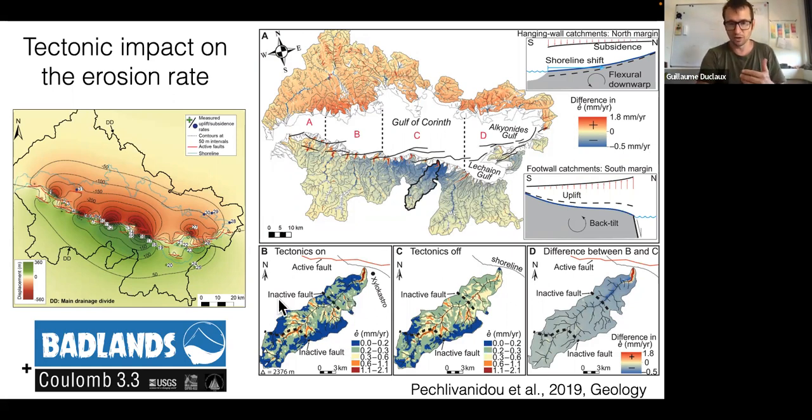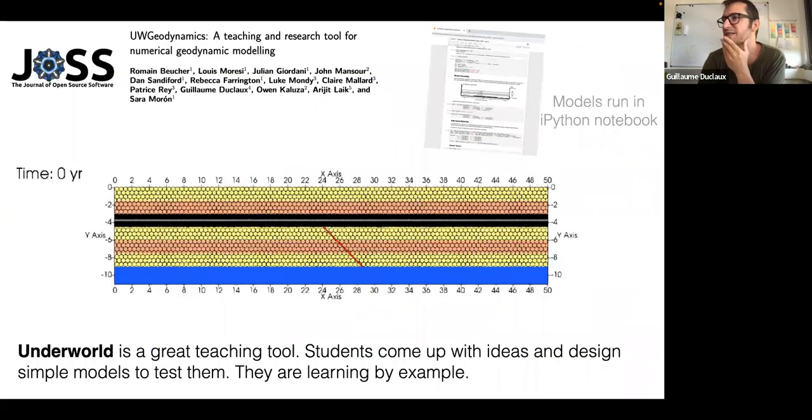And these are map views with the tectonics. Without the tectonics, you see, the redder it is, the more material is provided. And this is the difference between the two. So what we argued here is that normal faulting is actually stopping sediments from going into the rift, compared to what we tend to believe, maybe more logically. And I think that's it.